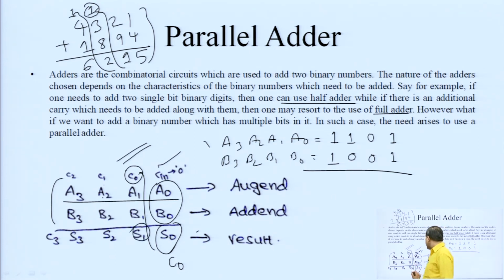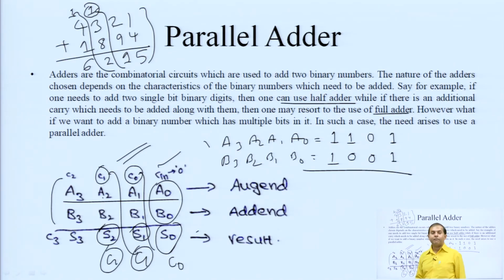Again the carry C1 will be moved to the next step, and when I am going to add A2 and B2, C1 will be added to this and it will be giving the result as S2. The C2 whatever we are getting, it will be moved in the next step and it will be added to A3 and B3 and it will be resulting S3 and C3 will be moved further.